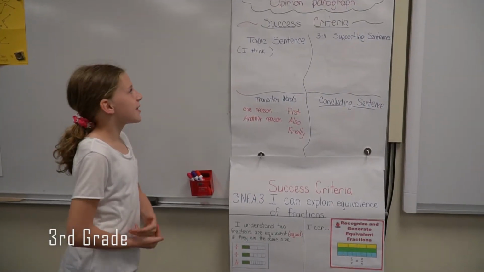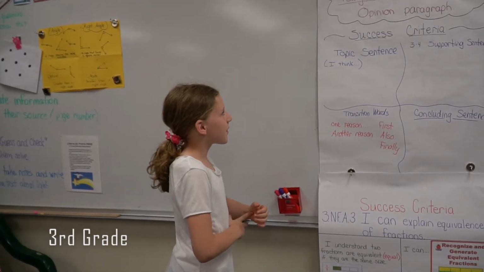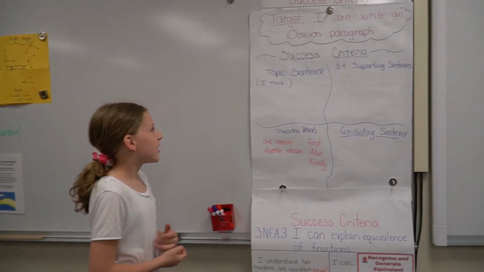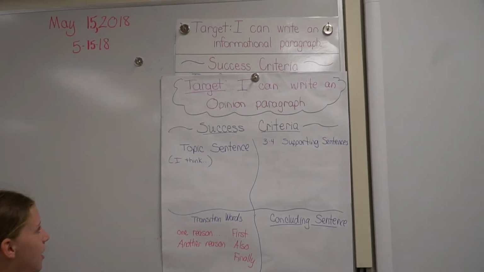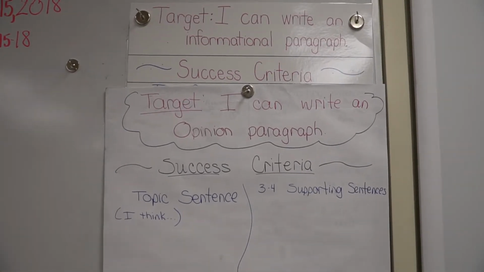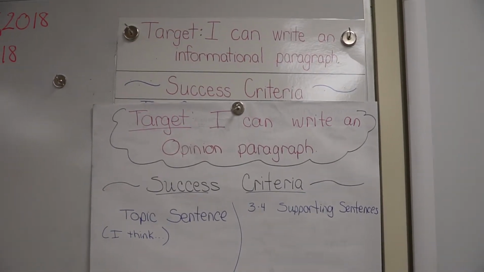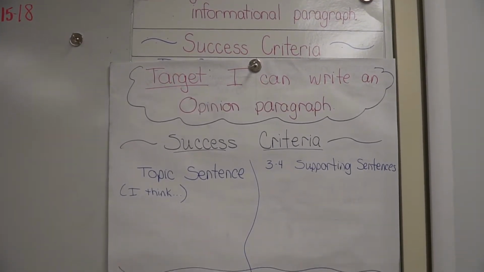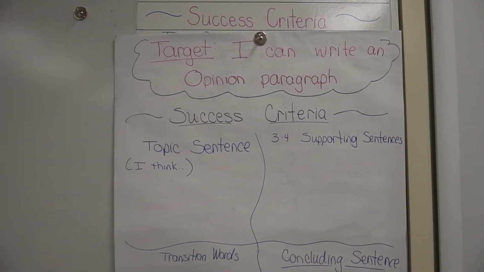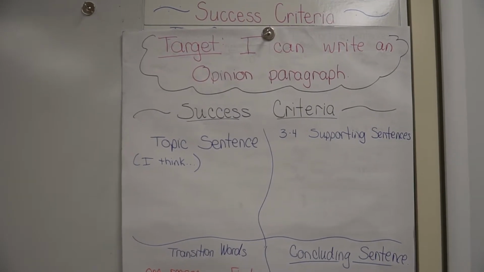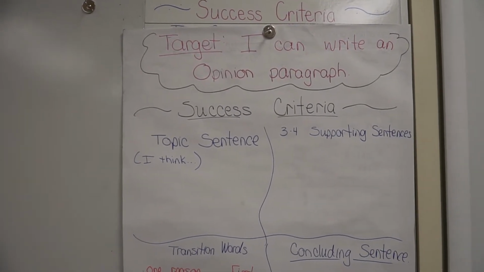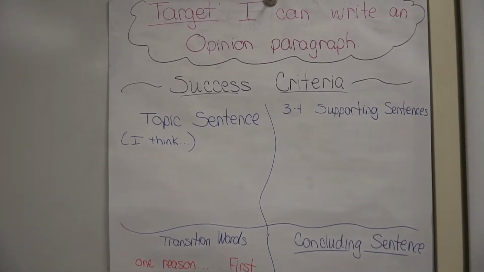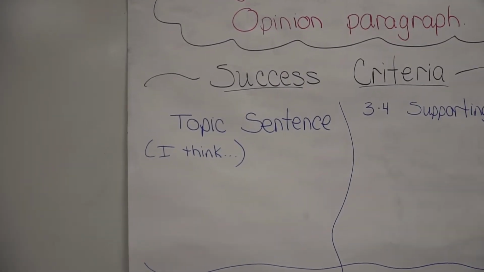So the opinion paragraph for the success criteria, it helps us because it helps us learn the steps of what we need to do. So the topic sentence for the opinion paragraph is I think, and she put that down so that way we wouldn't forget.